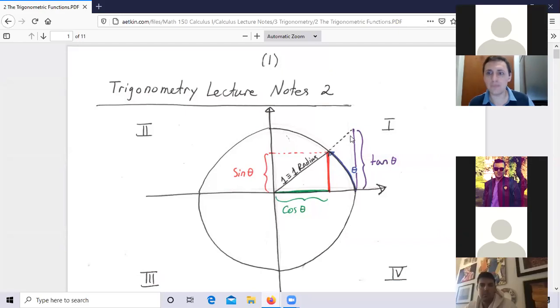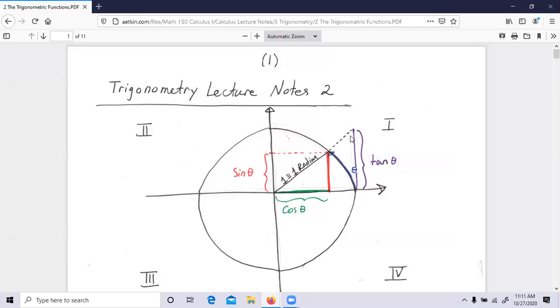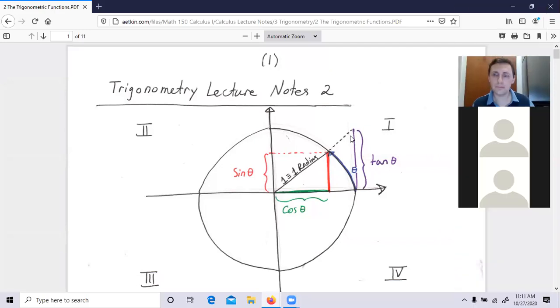Which quadrants correspond to sine being positive? Okay, 1 and 2 only. Thank you, guys. Good, good.